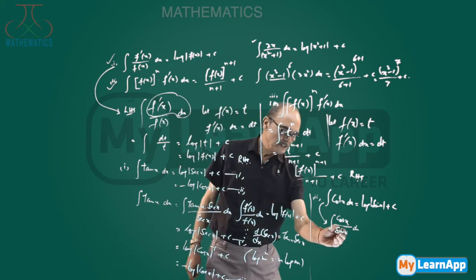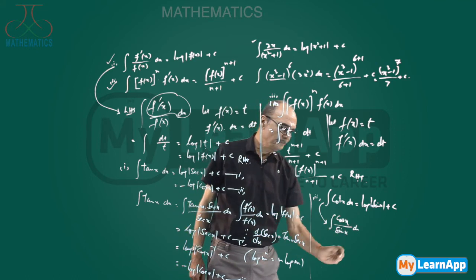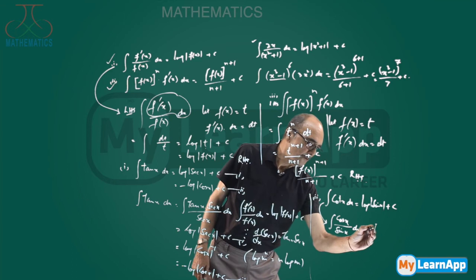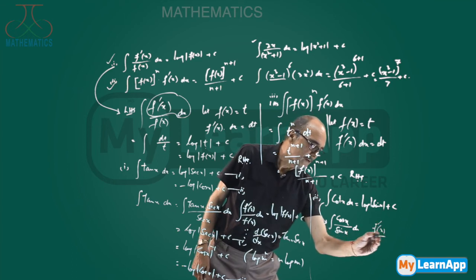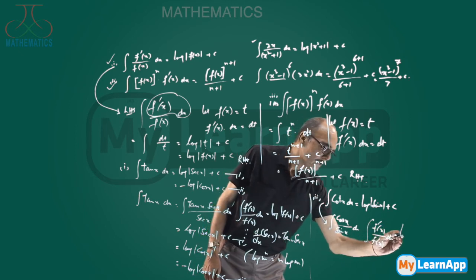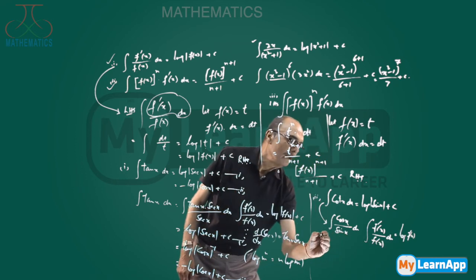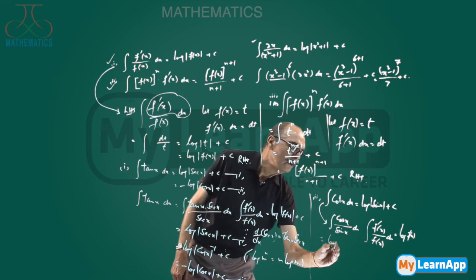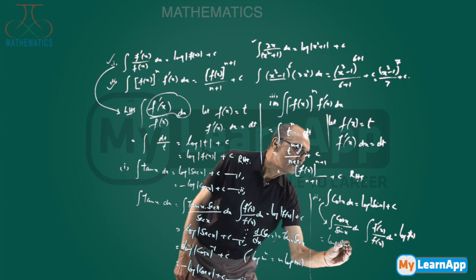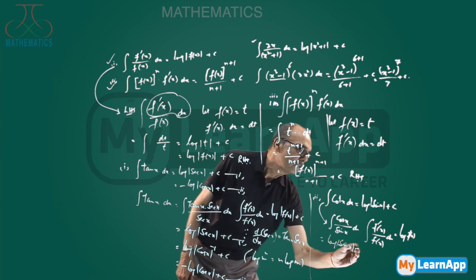Now, the derivative of sine x is cos x. Apply the same formula, integral of f dash x upon f of x d of x as log of f of x. Of course, this is log of sine of x plus constant c.